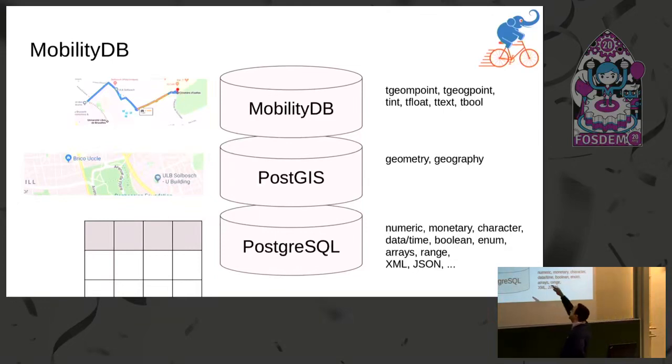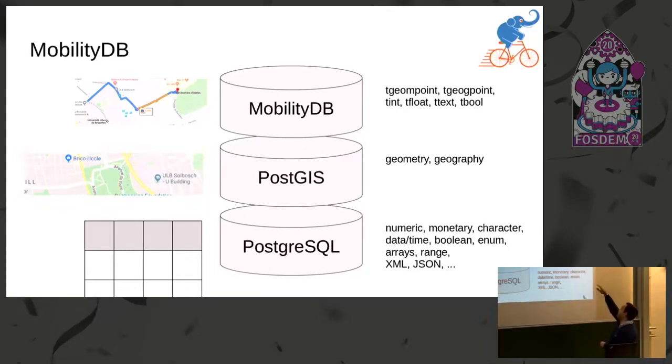And then you have MobilityDB on top that adds the temporal information to PostGIS and PostgreSQL types. So you get a temporal geometry point representing a car, for example, or a person moving over time. You get temporal geography point according to the coordinates, are they geographic or geometric.